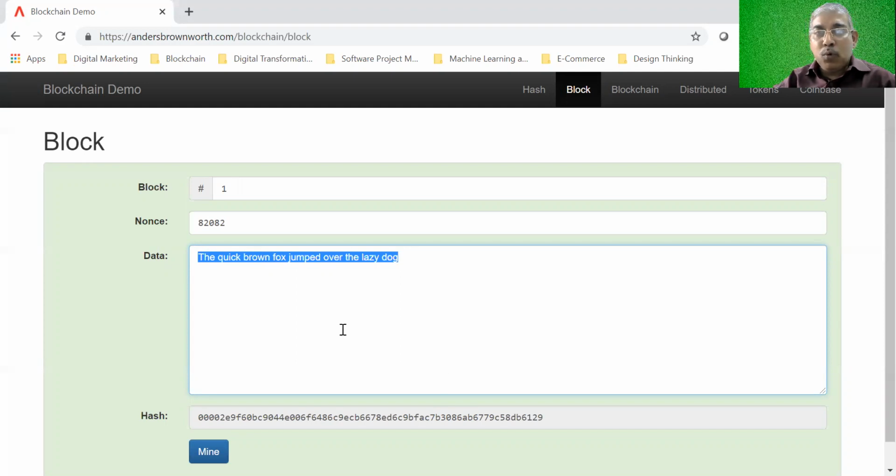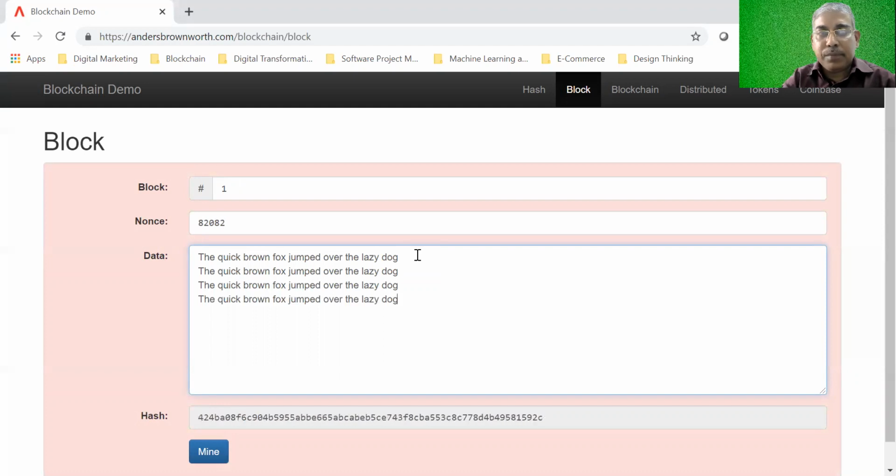We also know that whatever the length of the data, however big the data may be, the size of the hash will not change. The size of the hash in this particular case is 64 characters, which is typically used in SHA-256.